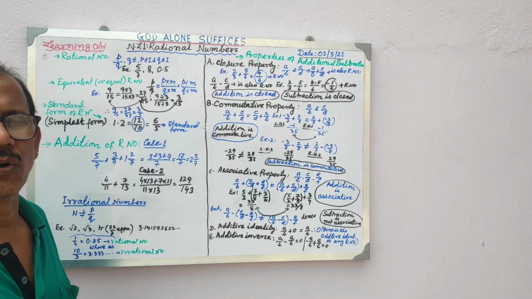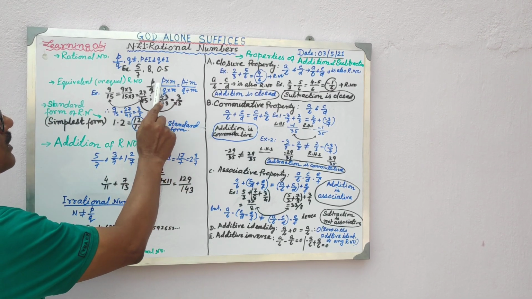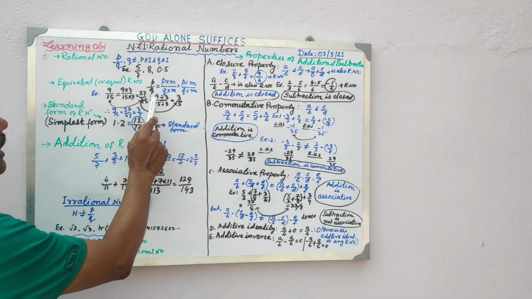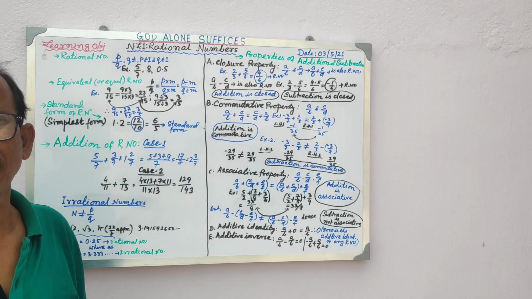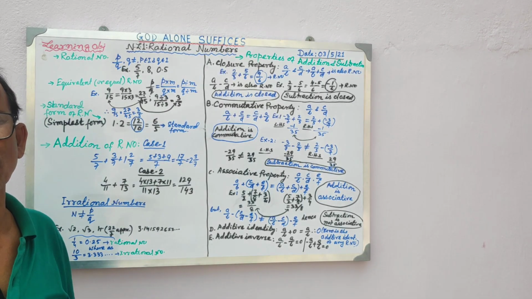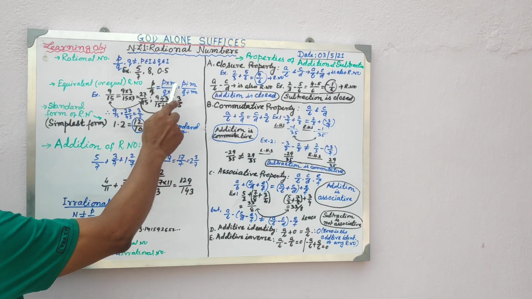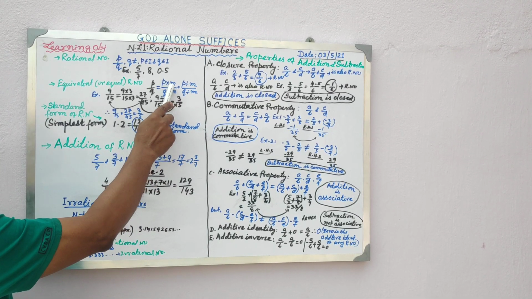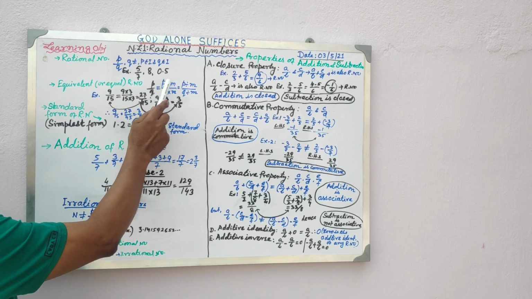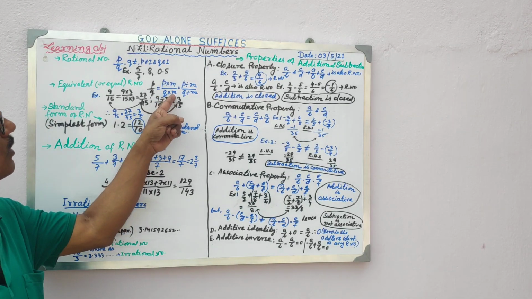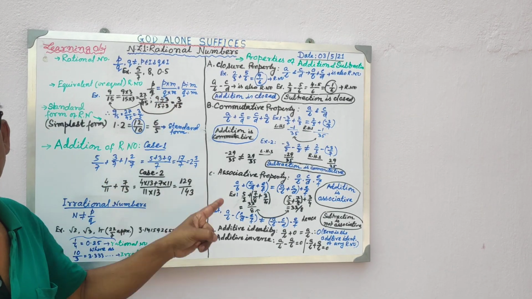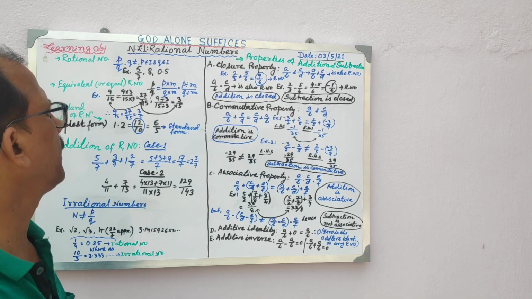M is not 0. Other than 0, anything you are multiplying, suppose 1 with p, 2 with p. To find equal or equivalent, you must go for more than one value. So 2 you multiply with p, and the same 2 you multiply with the denominator q, the value remains p by q only.